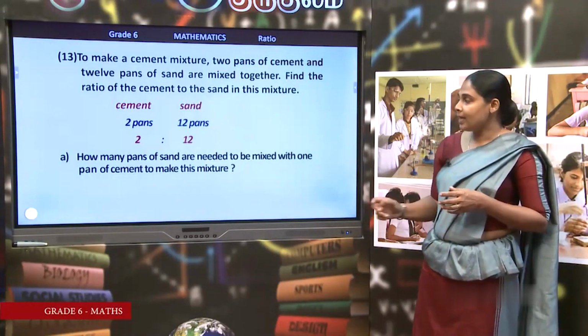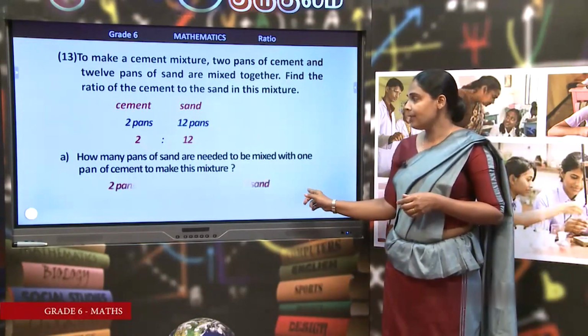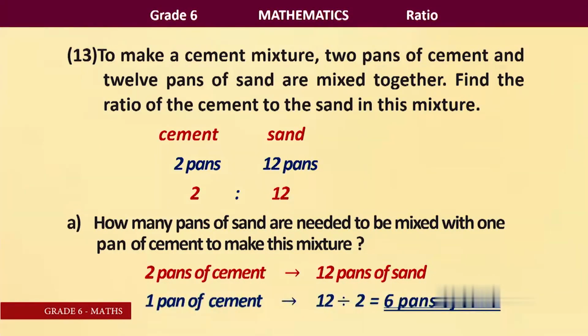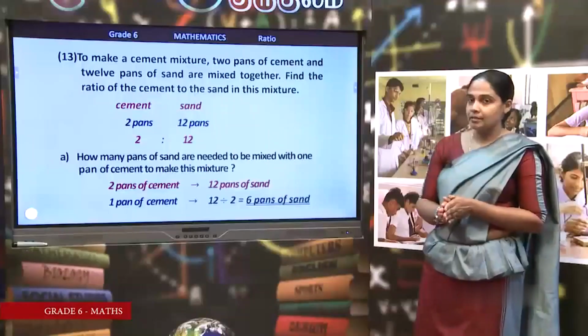Given information: 2 pans of cement mixed with 12 pans of sand. Now 1 pan of cement is half of 2, so 12 is divided by 2. You can obtain the answer. The answer is 6 pans of sand.